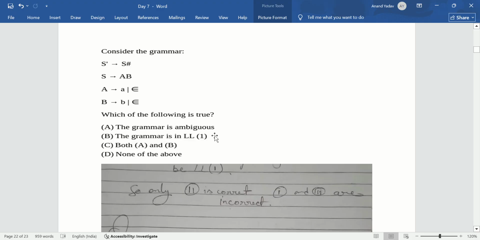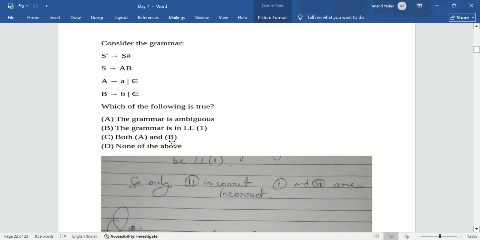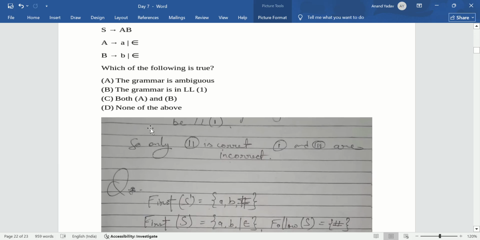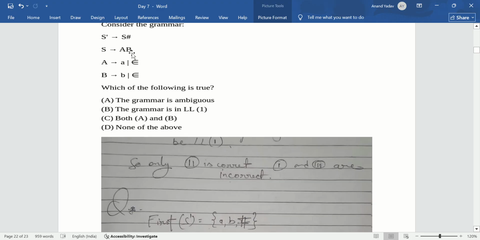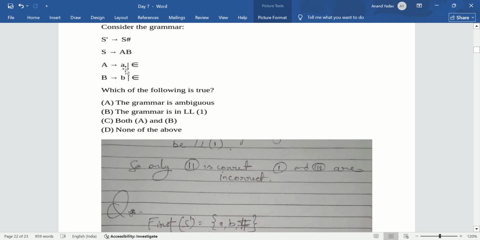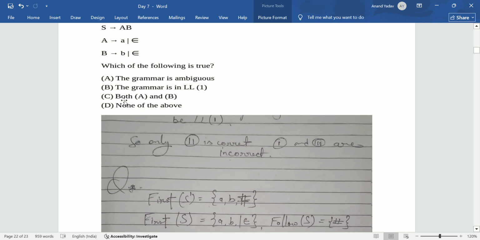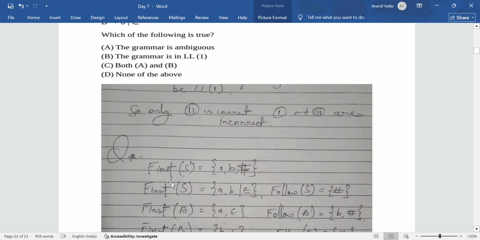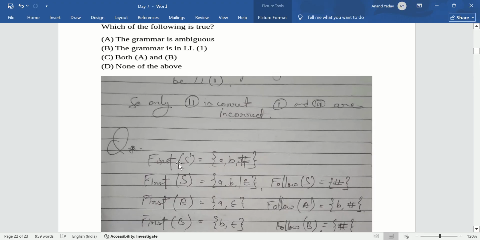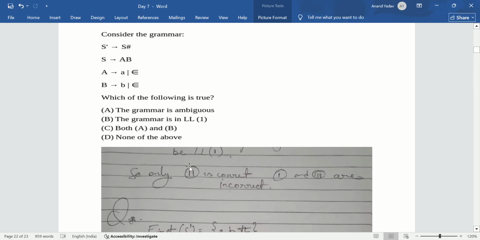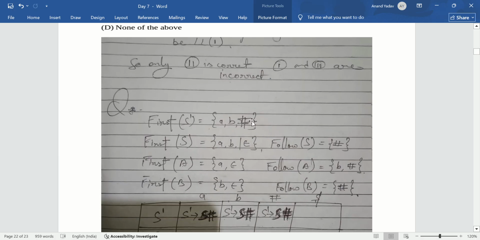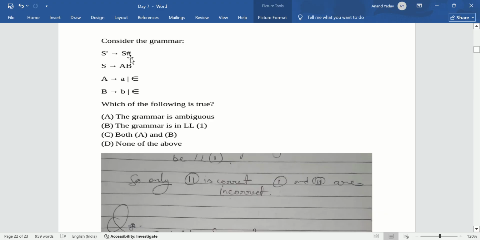The grammar is ambiguous? No, this is not an ambiguous grammar. The grammar is LL1? For LL1 we check by this method. First we calculate first of S', first of S, A, B and the follow sets.